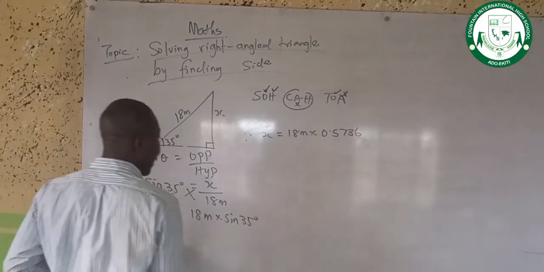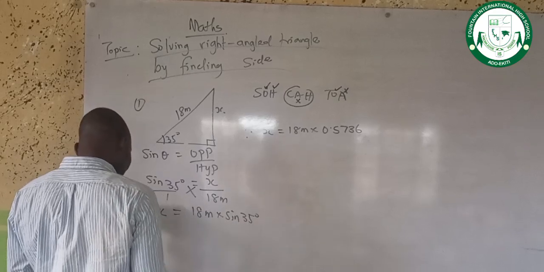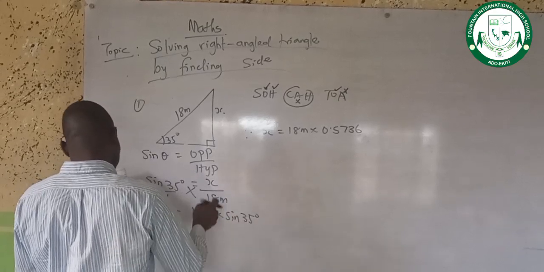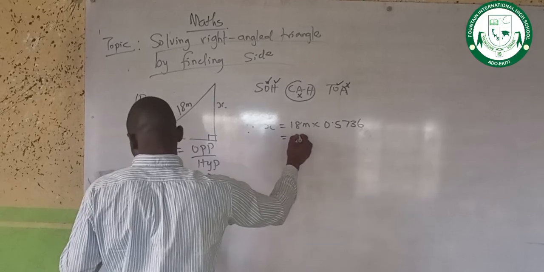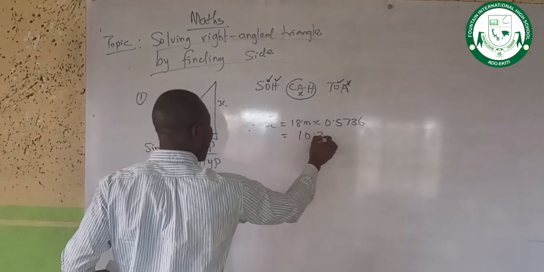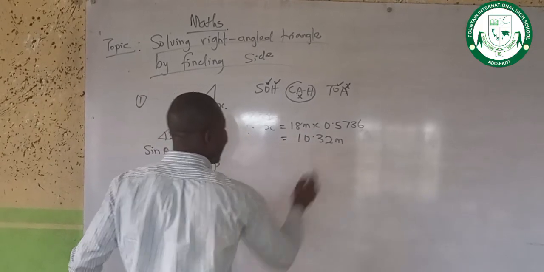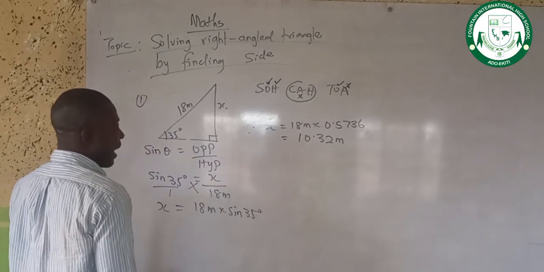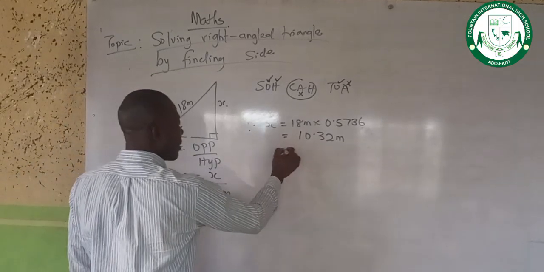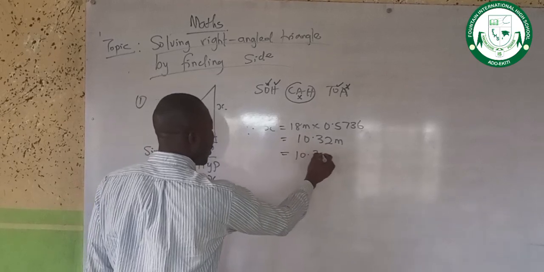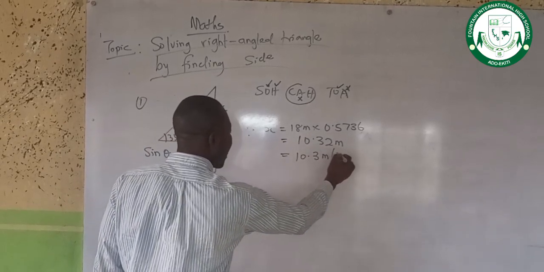That's sine 35 there. When we multiply 80 by this number, it gives us 45.88 meters. Let us assume that we have to make our answer in 3SF. This gives us 45.9 meters in 3SF.